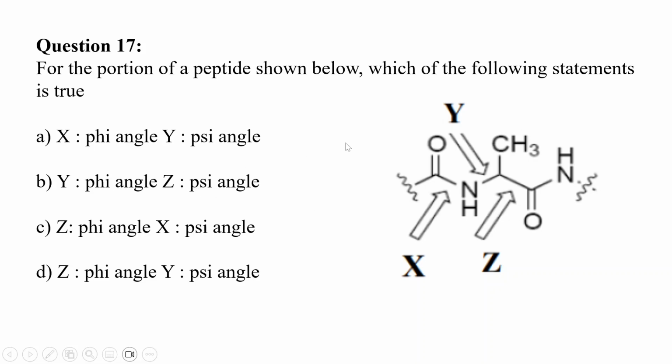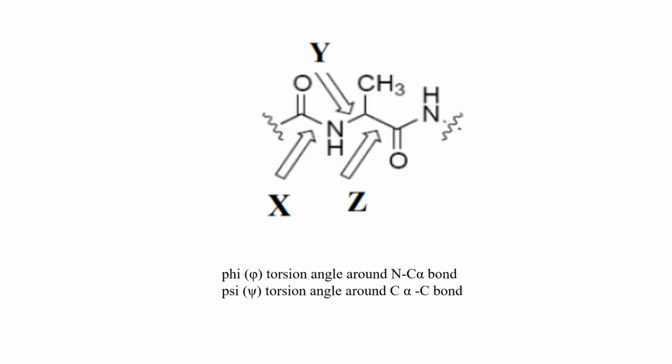So the correct answer for this question is option B, phi and psi angle, labeled by Y and Z. So here phi is the torsional angle around the N C alpha bond. So this is the C alpha here. The torsional angle around the N C alpha bond is labeled by Y, it is the phi angle.